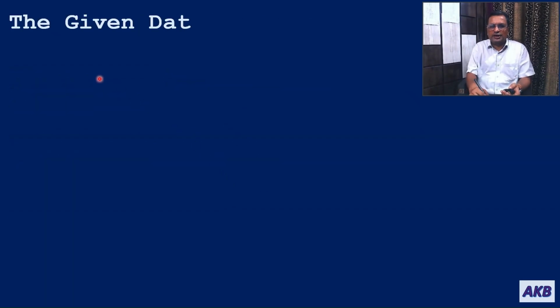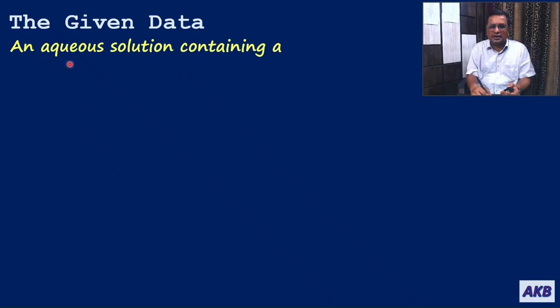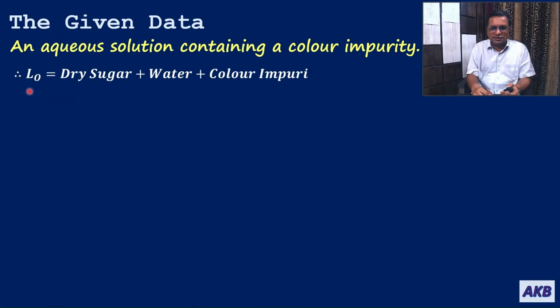Now, first of all, let us look at the given data, or let us collect the data that is given to us. So you have an aqueous solution containing a color impurity. In this case, the mass of the aqueous solution, which we denote by L0, is mass of the dry sugar in it, plus mass of water in it, plus mass of color impurity in it.